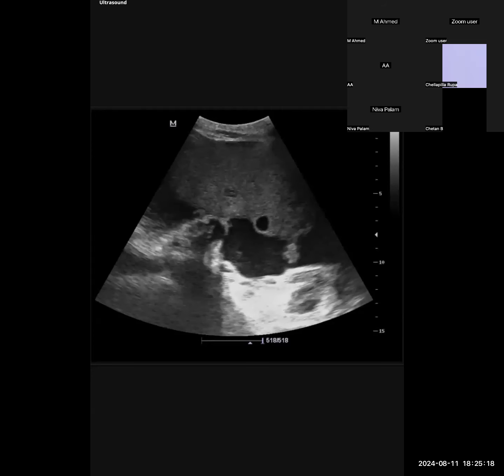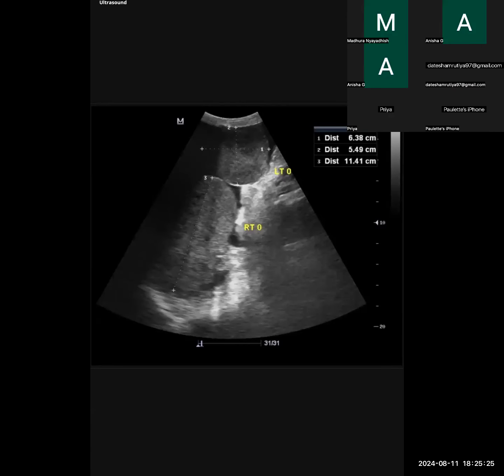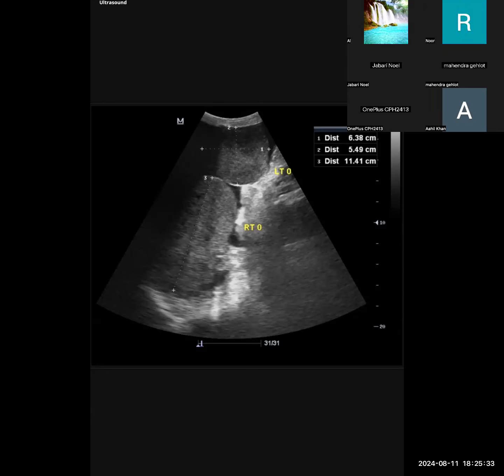So, elderly female presenting with abdominal swelling. So, these are images of the ultrasound done with a curvilinear probe in an elderly patient with abdominal pain.